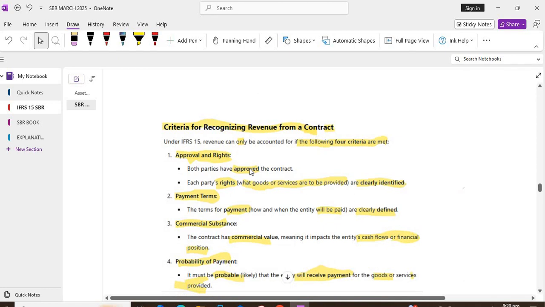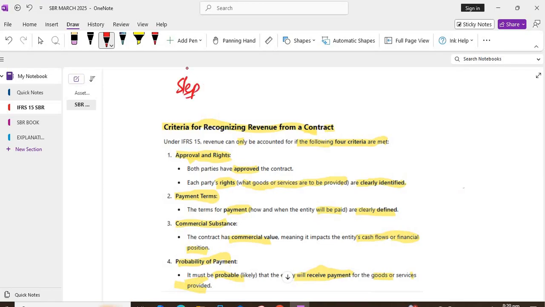Now today we will study in detail the first step, which is identify the contract. When you recognize revenue from a contract, check the validity of the contract. For that, first you have to understand what we mean by contract.